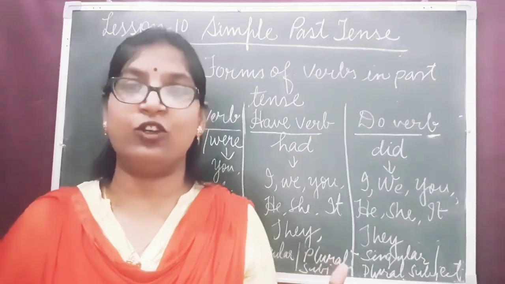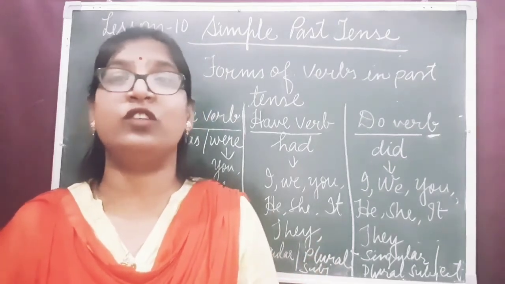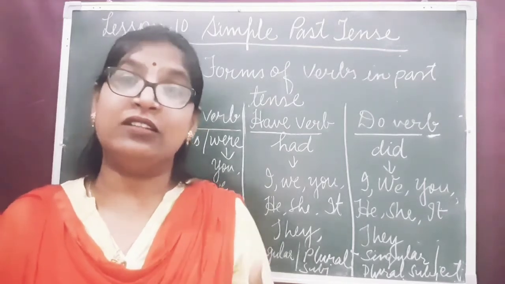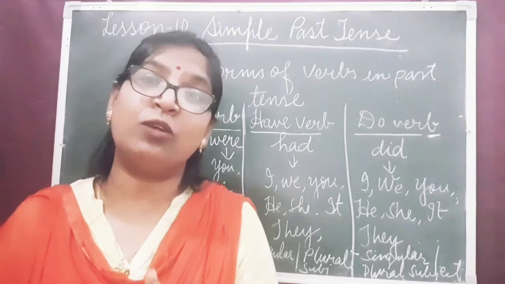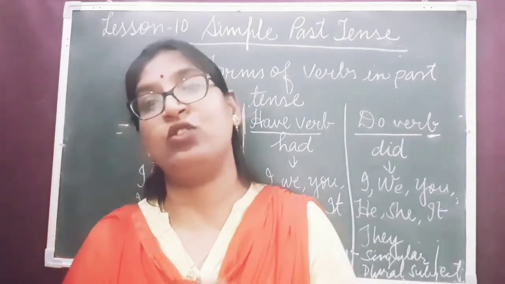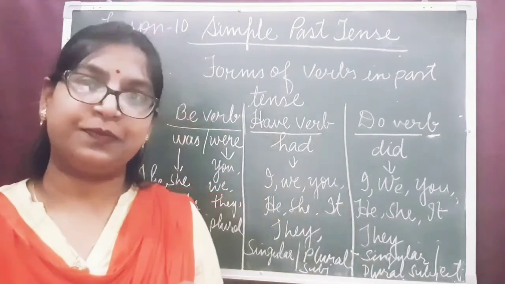These are the 5 forms, and dear children, I told you these 5 forms of the verbs are very important. In learning tenses, there should be proper subject and verb agreement. According to the subject only, we use the different forms of the verbs.